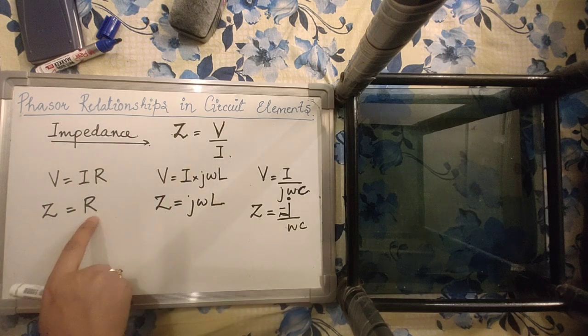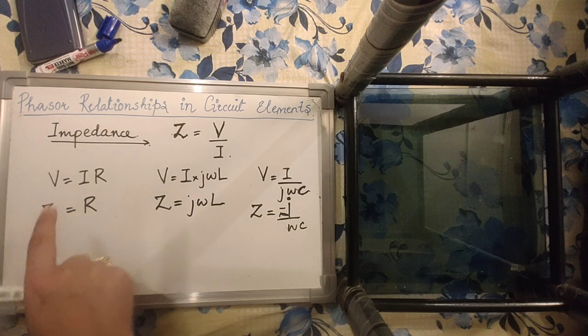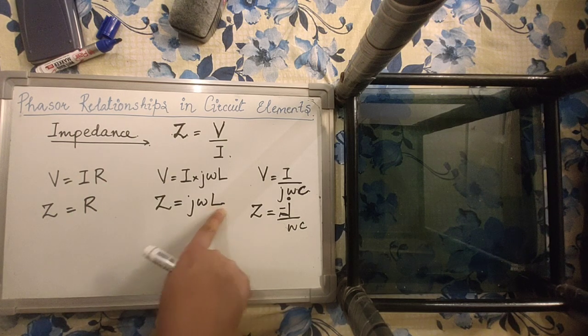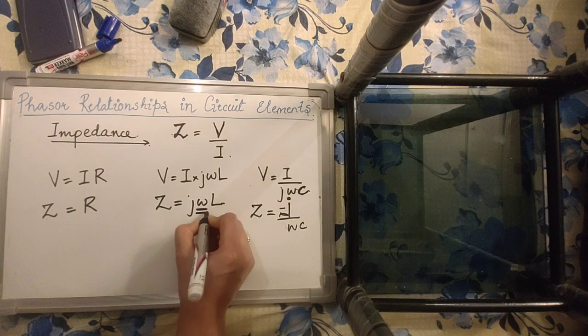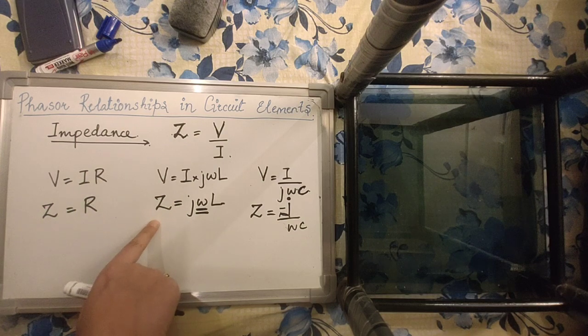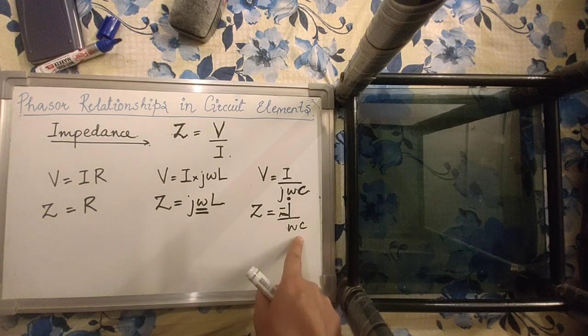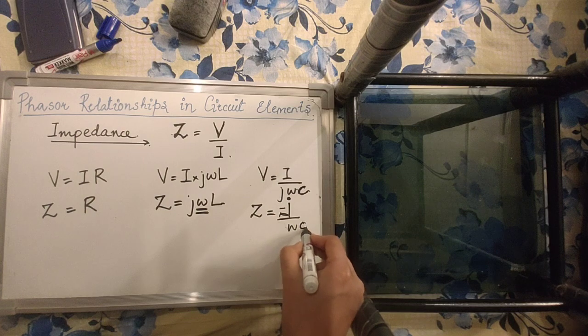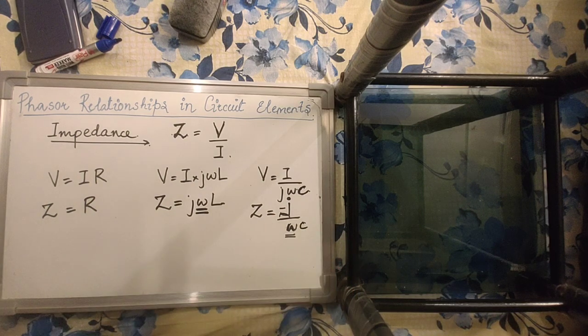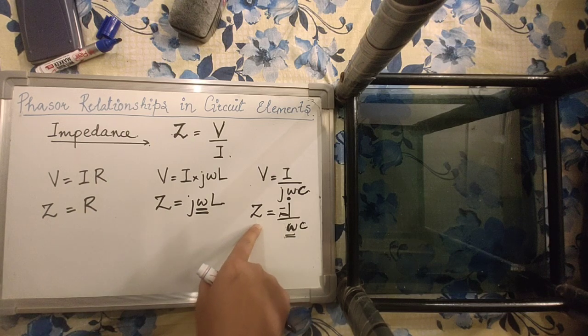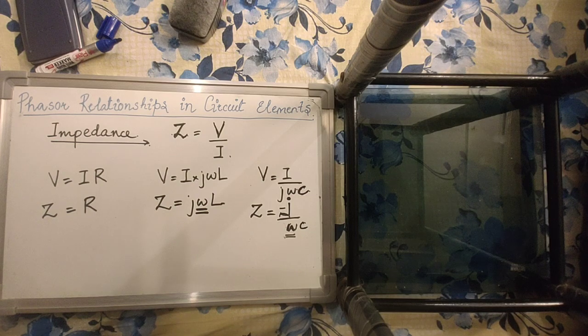If you observe the resistive circuit, the frequency has no role in calculating the impedance. However, in an inductive circuit, it's not just the value of inductance, but also the frequency of your supply that determines the impedance. Similarly, in capacitive circuits, it's not just the value of capacitance, but also the frequency of your AC voltage that determines the impedance to the flow of sinusoidal AC currents.